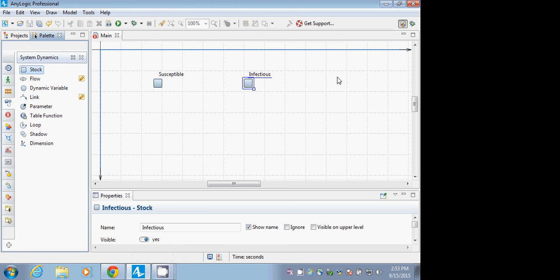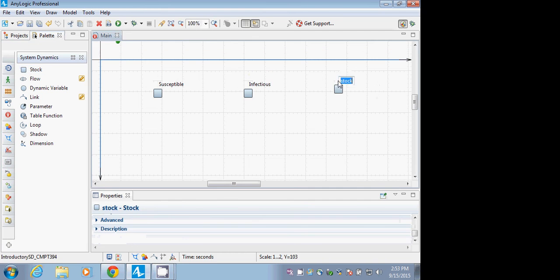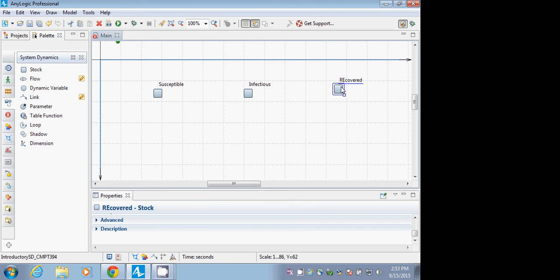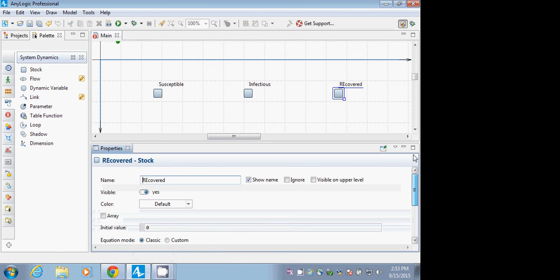Now we could call this infective. Naming is important in software engineering and in modeling, more specifically, okay? And then we're going to have one here called recovered, okay? You could drag these in, right? Recovered, okay. I was unartful in both the name and the positioning, so I'll be correcting that.